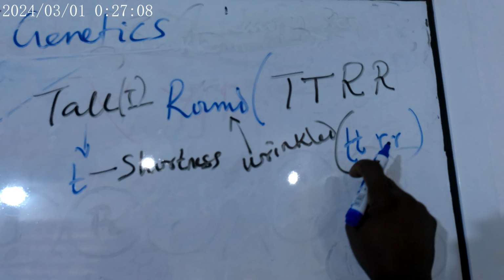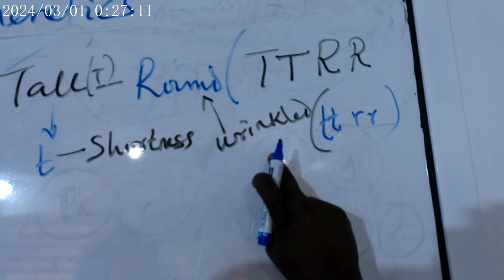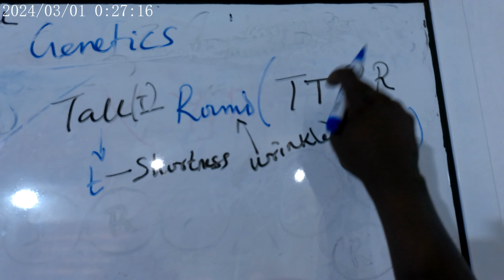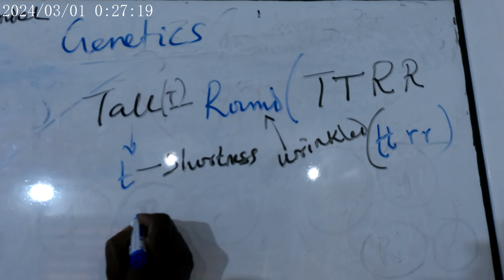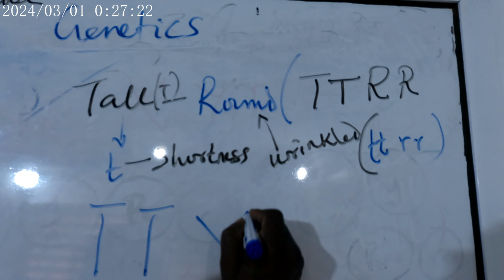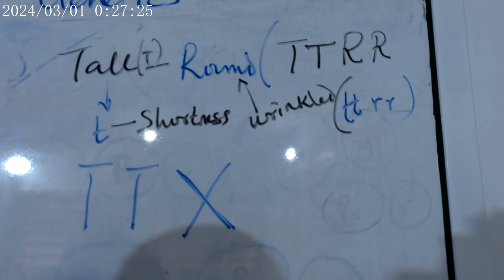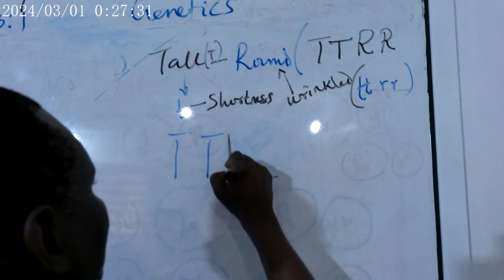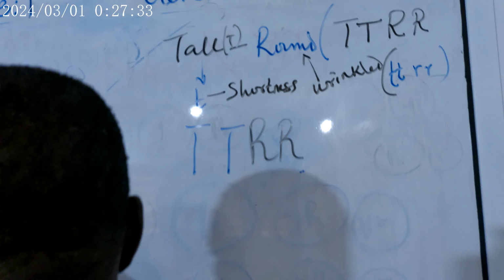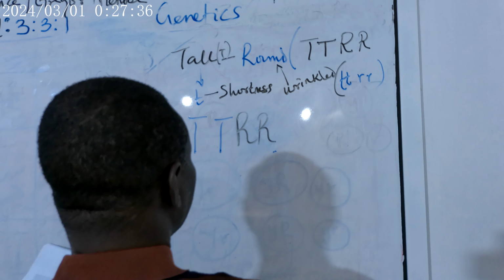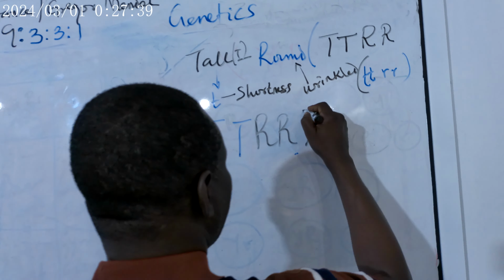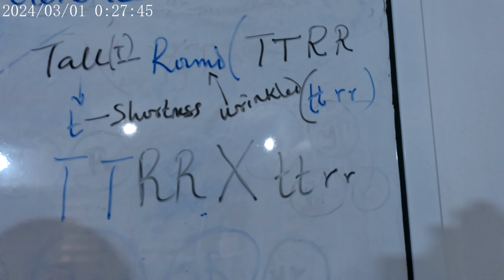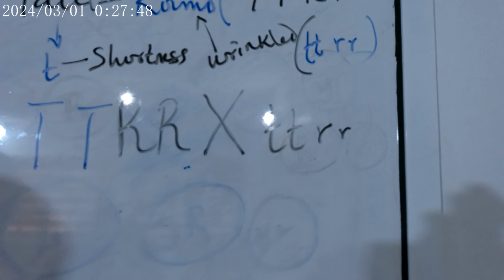So this one will represent the short wrinkled seeded plant. This one is going to be the tall round seeded plant. So let's imagine a crossing between these two, like this. We are crossing a plant that is tall and round seeded with a plant that is short and wrinkled seeded. So that is going to be the genotype of our crossing.